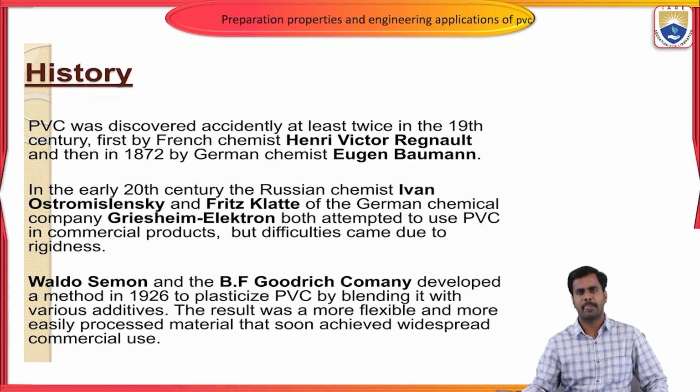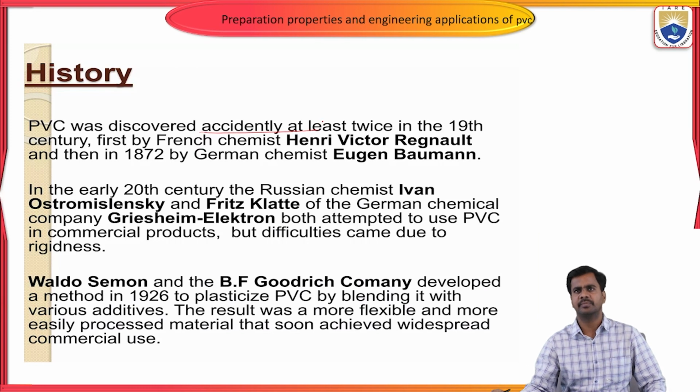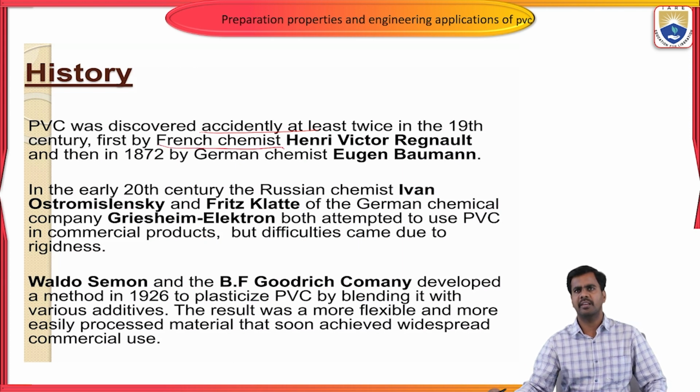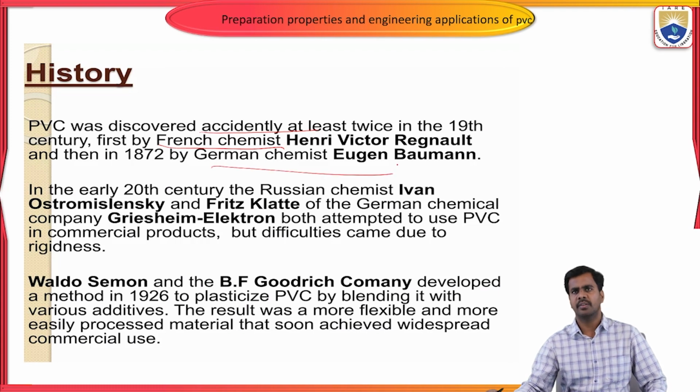Next, coming to the history of polyvinyl chloride. It was first discovered accidentally at least twice in the 19th century. First by the French chemist Henri Victor Regnault, and then in 1872 by the German chemist Eugen Baumann.